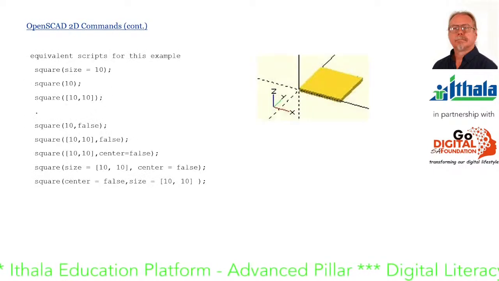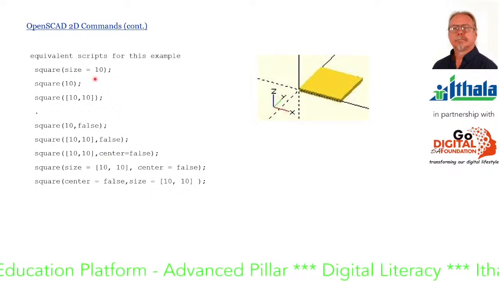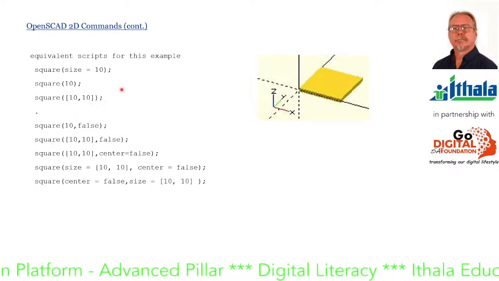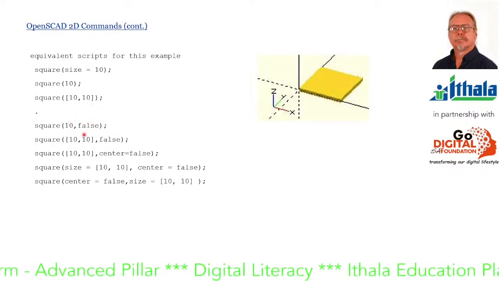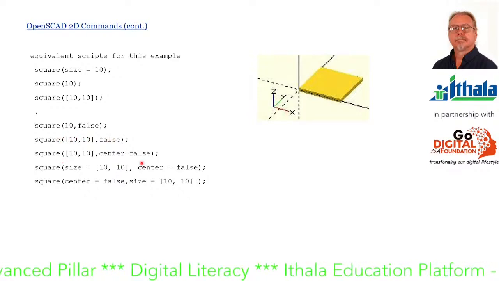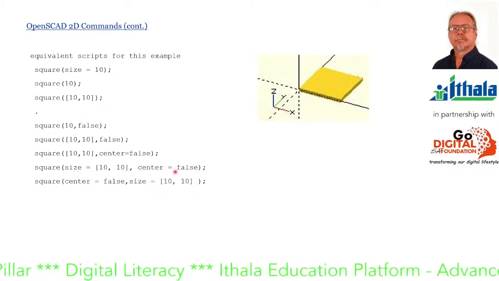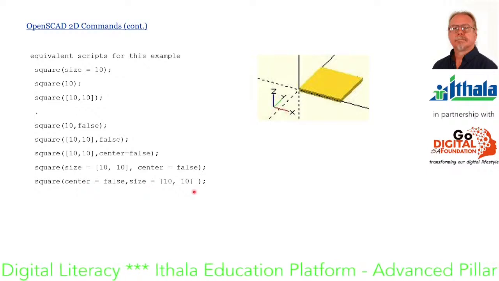So equivalent scripts for this, we can say square size equals 10, or square 10, or square 10 comma 10. These are all the same. Square 10 comma false, 10 comma 10 comma false, or center equals false, or size equals 10 comma 10, center equals false, or center equals false, size equals 10 comma 10.